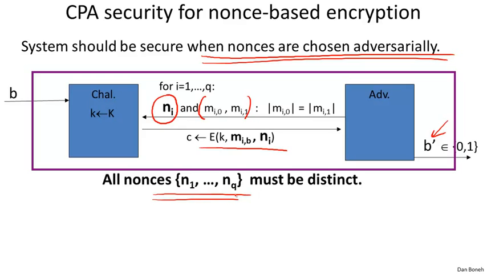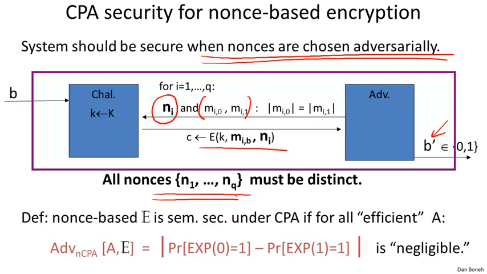As a result, the adversary will never see messages encrypted using the same nonce, and therefore even in the game we require that all the nonces be distinct. Then as usual we say that the system is a nonce-based encryption system that's semantically secure under a chosen plaintext attack if the adversary cannot distinguish experiment 0, where he's given encryptions of the left messages, from experiment 1, where he's given encryption of the right messages.